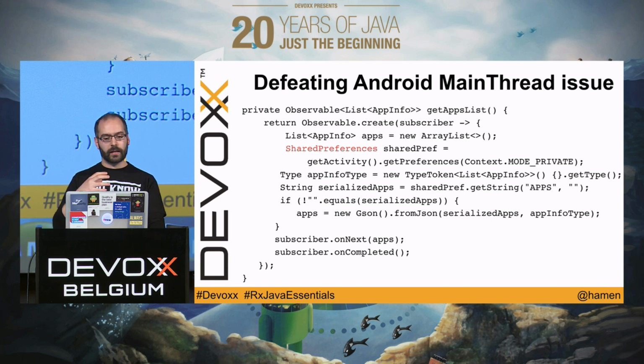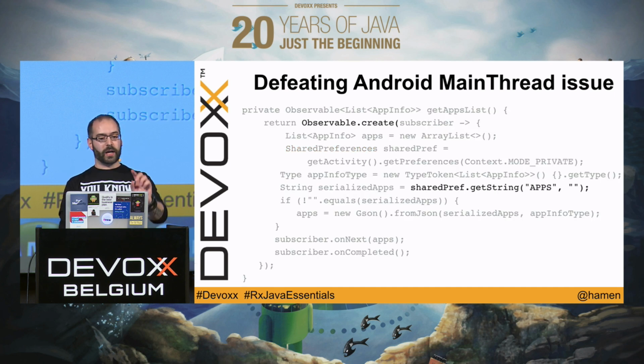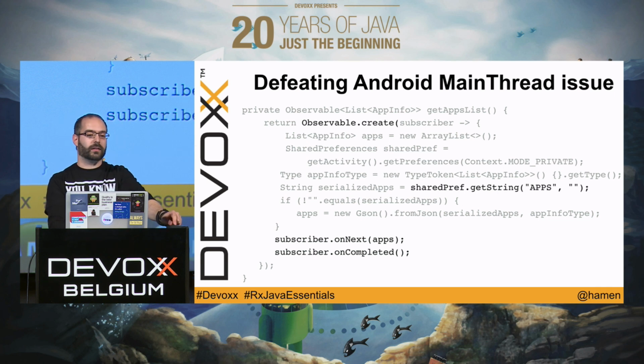We are just retrieving something from memory or a database or whatever, and we are creating a list of JSON, and we are emitting it. We are getting the string with the shared preferences, we are emitting the list when it's ready, and we complete the sequence. Everything is fine. We are using RxJava, we are happy.